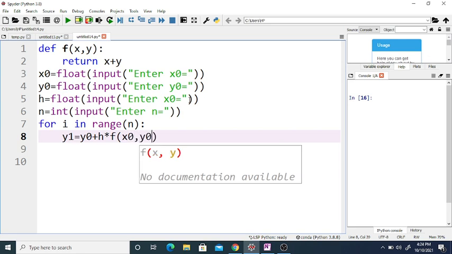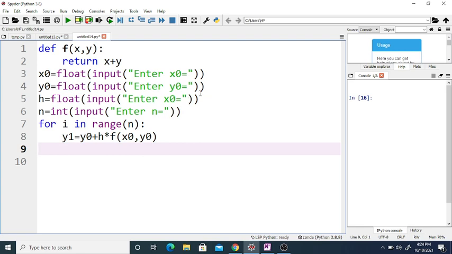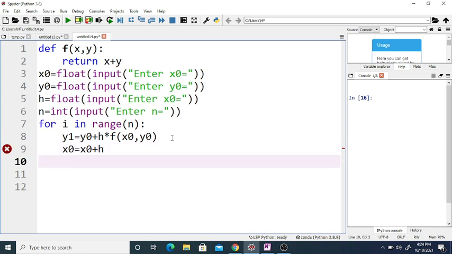Next we want to modify our x0 and y0. So x0 is equal to x0 plus h, and y0 is equal to y1.